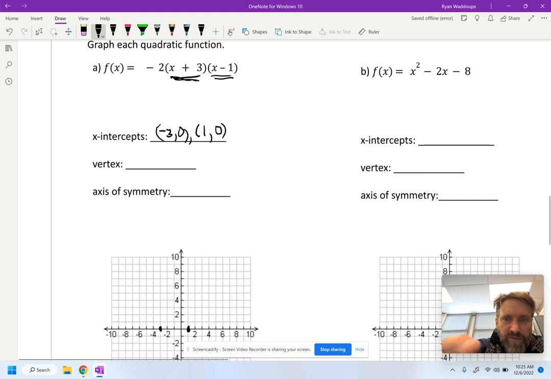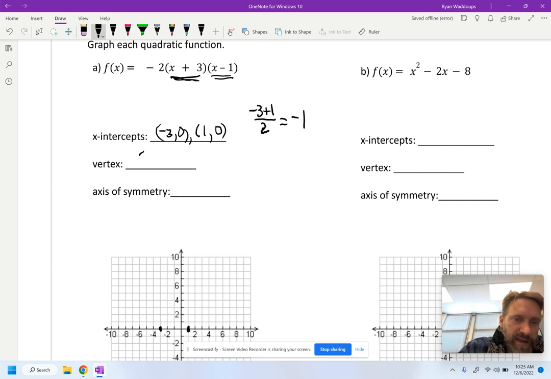Our vertex, we find the average, so we take negative 3 plus 1, divide by 2. And negative 3 plus 1 is negative 2, divide by 2 would be negative 1. And so the x-coordinate of our vertex is at negative 1. And then we plug that in to the original equation.